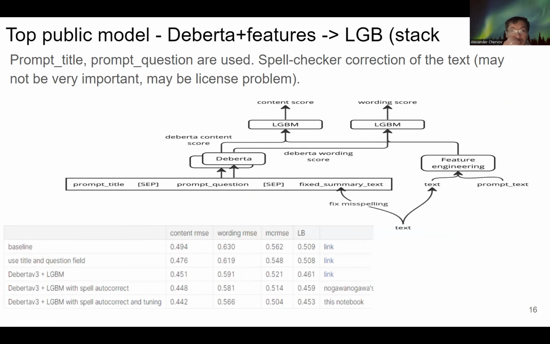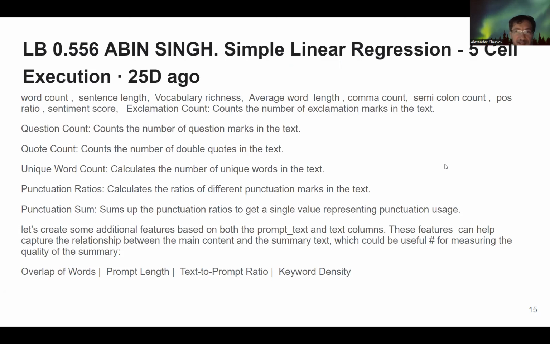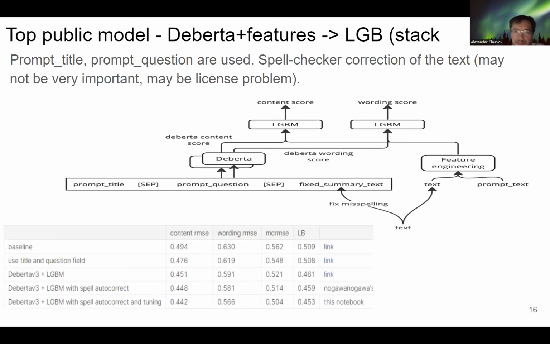Now let us look at the structure of the top public model. So what is done here? As we see, they use DeBERTa, the model which we discussed. So we discussed fine-tuning this DeBERTa precisely to these targets. But they also use some feature engineering, some kind of features like this or other features.